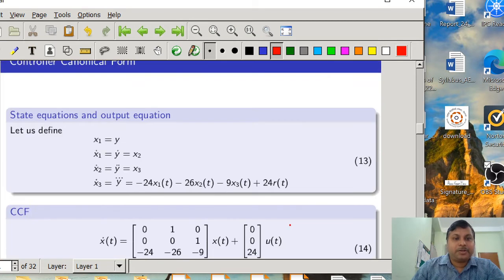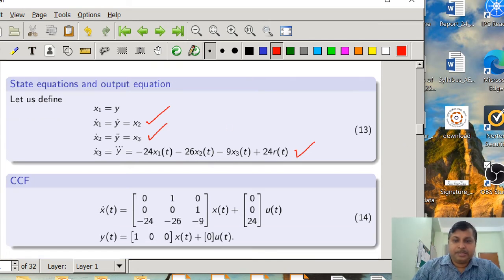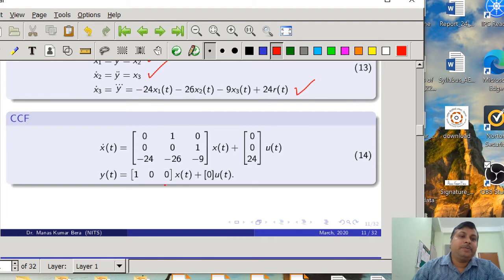The state equations will be x1 dot equal to x2, x2 dot equal to x3, and x3 dot will be minus 24 x1 minus 26 x2 minus 9 into x3 plus 24 into r(t). And now if we represent it in state space, then the A, B, C matrices will be like this.